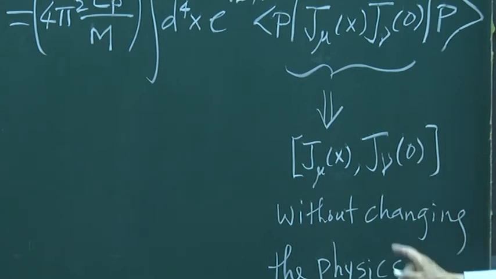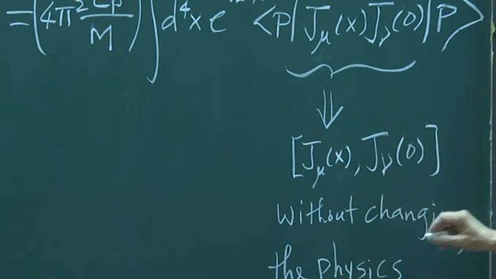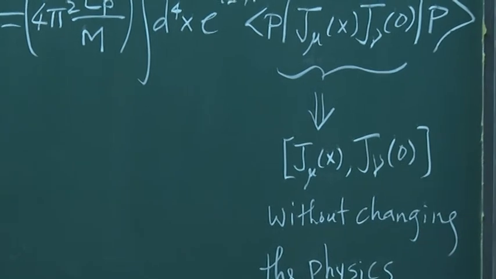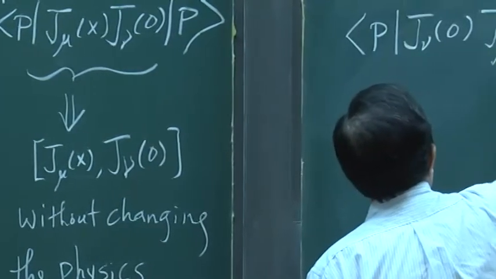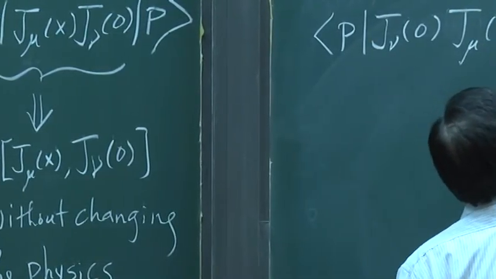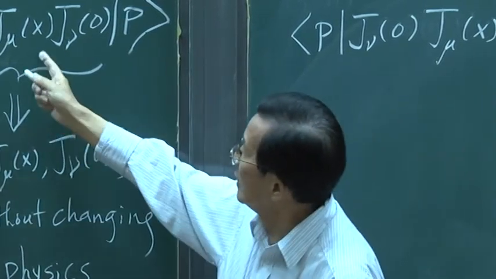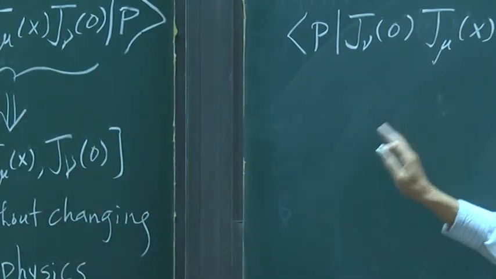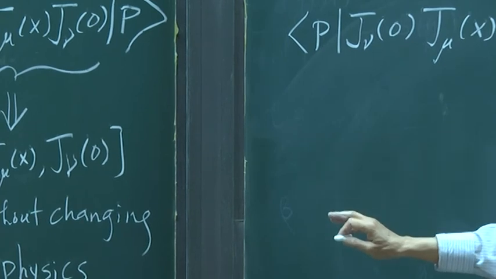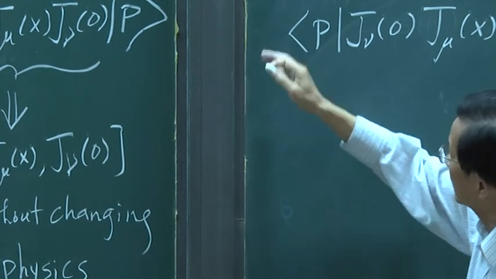You see that if I turn this into a commutator, I add an extra term like this, J mu of 0, J mu of x, right? In here, it doesn't have this term, but I add a commutator, so there's a minus sign here, but the minus sign is not important.